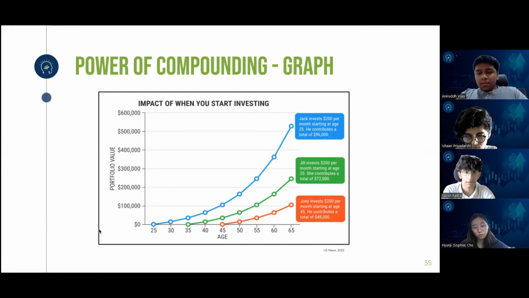So this again shows the graphical representation of what the power of compounding looks like. Here, Jack invests dollars 200 per month, starting at the age of 25, and this money at the age of 65 gets to dollars 96,000, right? Whereas Jill invests the same amount at the age of 35, but ends up with dollars 70,000, and Joey invests the same amount at the age of 45, which gets her to dollars 48,000.